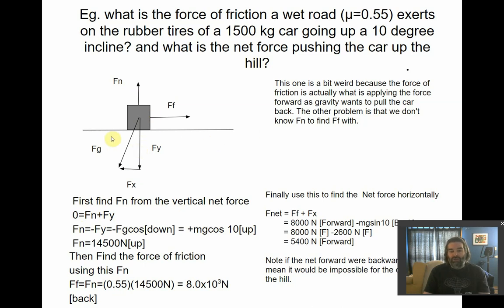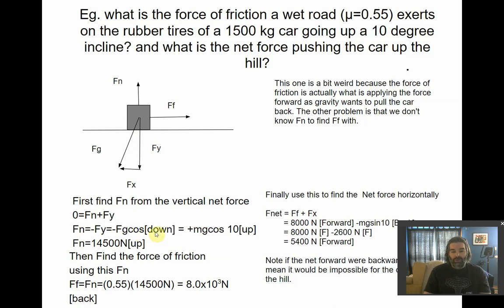So you'll notice I've already aligned this basically so that from the point of view of the car, I've bent the whole world by 10 degrees. So 0 is the normal force plus the y component of your force of gravity. So the normal force must be minus the y component. So basically the exact same force, opposite direction to cancel it out.